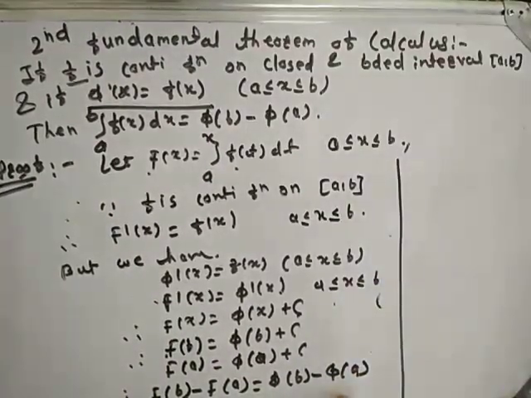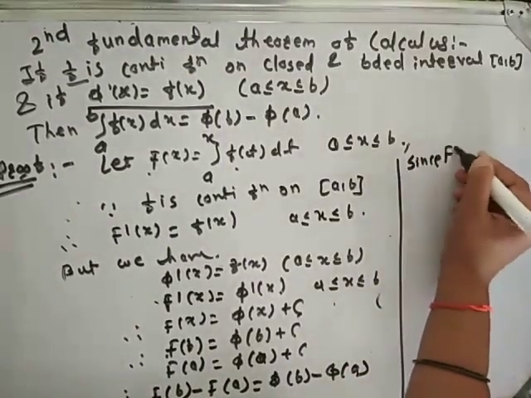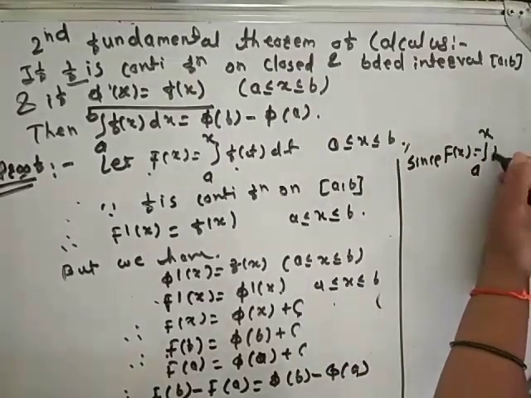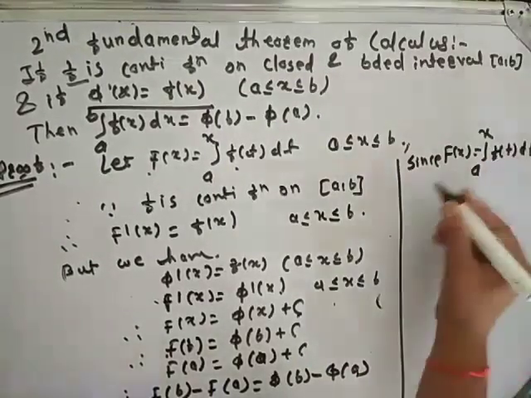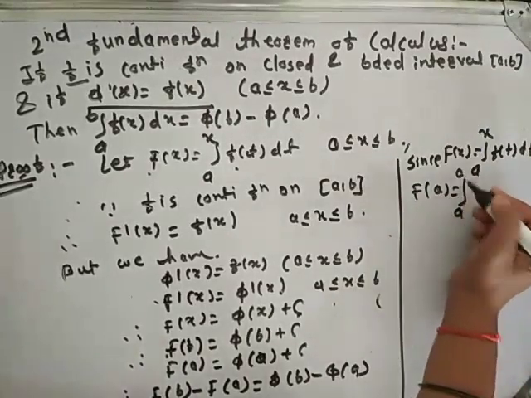Again, capital F of x is nothing but integration from a to x of f of t dt. So we will get F of a is nothing but integration from a to a.